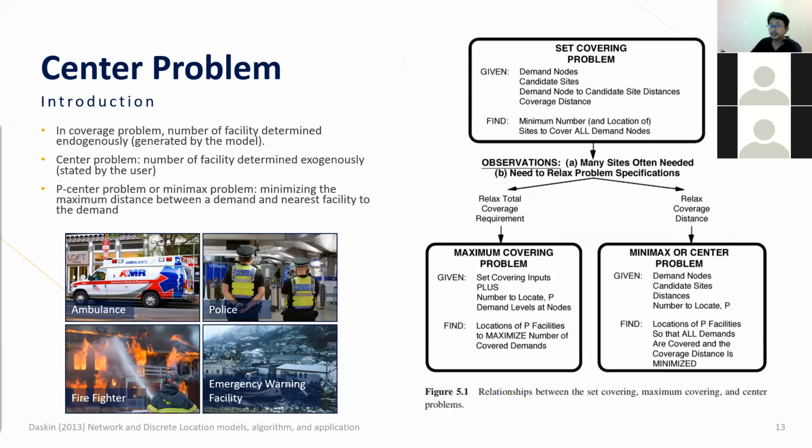Or even sometimes communication networks, I also find this kind of modeling approach. But since it's derived from the set covering problem, many of the set covering problem applications can also be found in center problem applications.